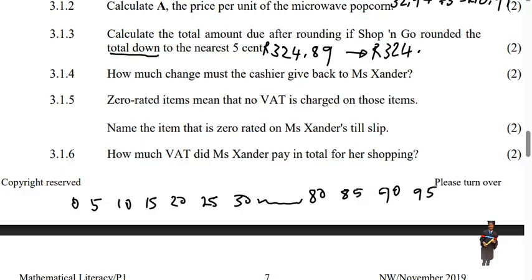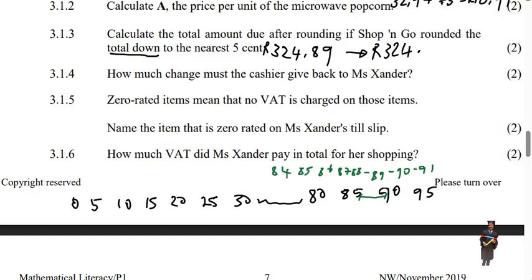From 89, which number is the closest? 89 is between 85 and 90. But now we want to round down, we want to go back. Instead of saying from 89 we can continue by saying 90, 91, but from 89 we have 88, we have 87, we have 86, we have 85, we have 84, going down.